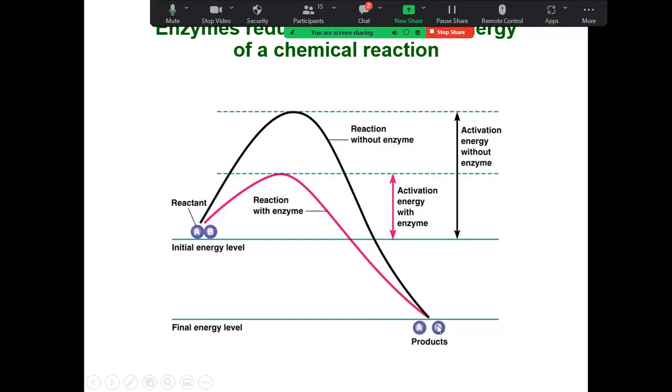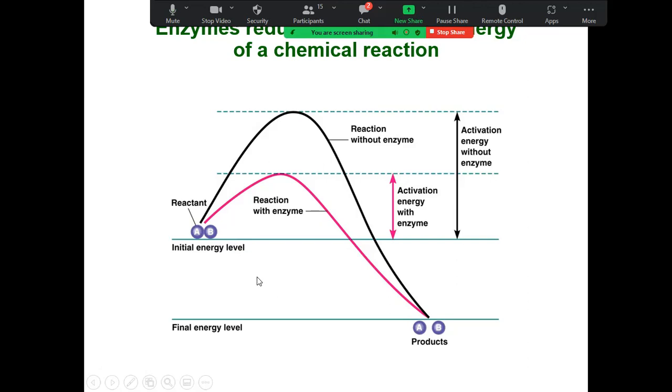In this case, we have the products having less energy than the substrate. And so this could be something like burning of glucose, which has a lot of energy in the molecule, forming water and carbon dioxide, which do have some energy in those molecules, but it's much less than the energy in the glucose. In this case, energy is given off by the reaction, and that would be the energy from here to there, which isn't shown on here.